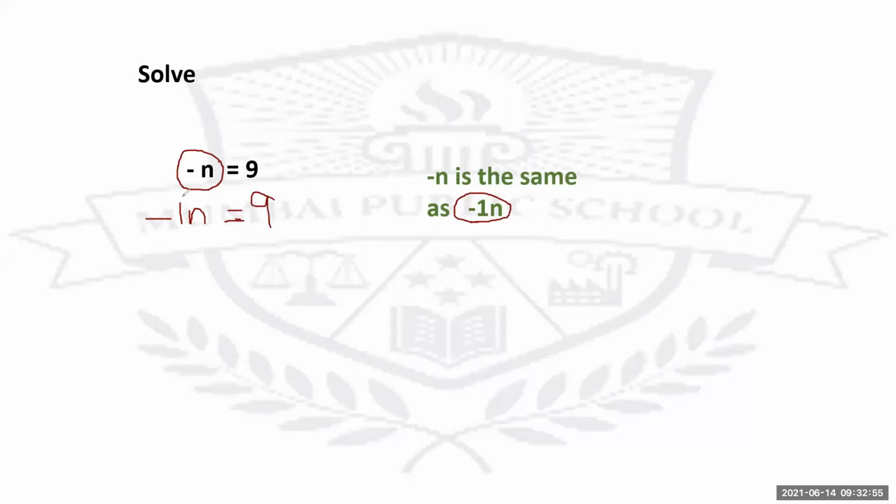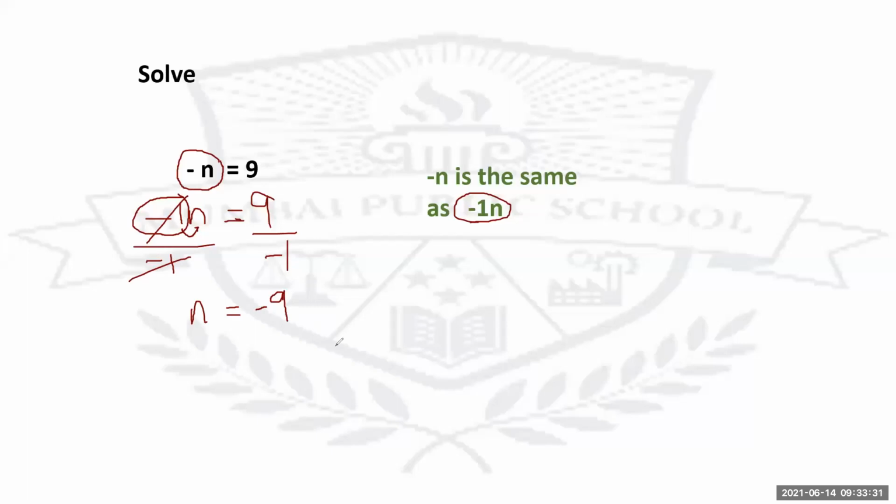Now, check. Minus 1 is in multiplication relation with n. So what you will do? You will divide both sides with minus 1. Minus 1 up, minus 1 down will get cancelled. You get n equals to what? Minus 9. What is the value of n? Your n is equal to minus 9.